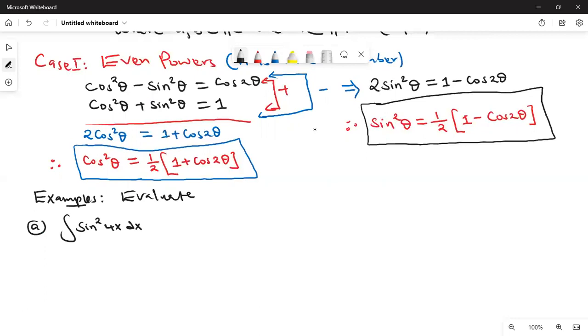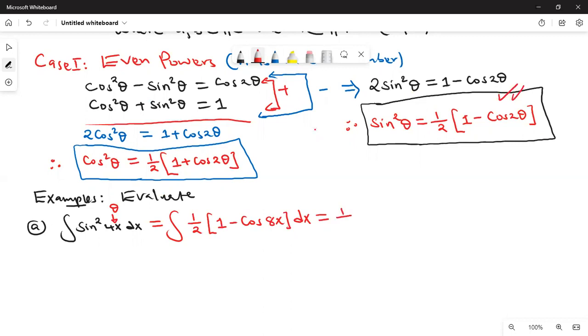So how else do we write sine squared of 4x? Remember, look at the identity number 2. You see this one is the one we are going to use. In this case, our theta is equal to 4x. So this is the same as the integral of 1 over 2 times 1 minus cos 2 theta, and our theta is 4x, so twice of 4x is 8x, dx. 1 over 2 is a constant which can be factored out.